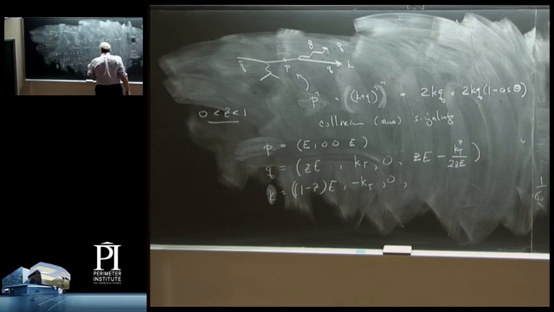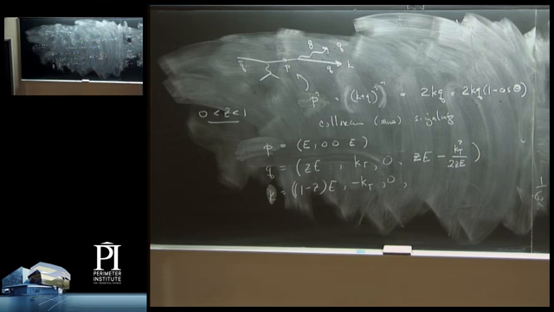And then what we need here is the momentum in the forward direction. Now this particle has to remain on mass shell. So that's going to be something like zE minus kT squared over 2zE, plus order kT to the 4th.